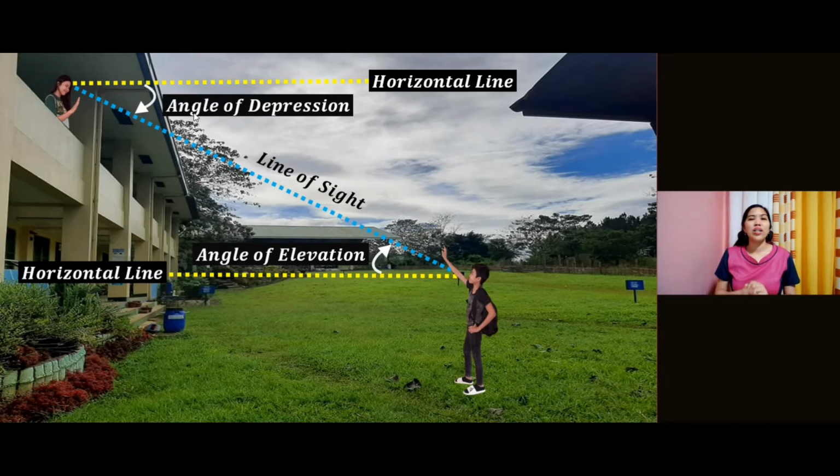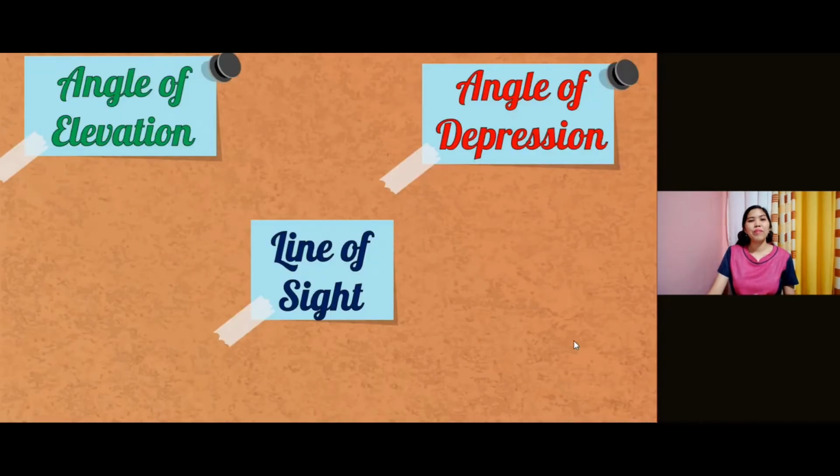Now, based on the two illustrations that I presented, what is then angle of elevation? How about angle of depression? And lastly, how about line of sight? Let's define them one by one. So you have here angle of elevation.